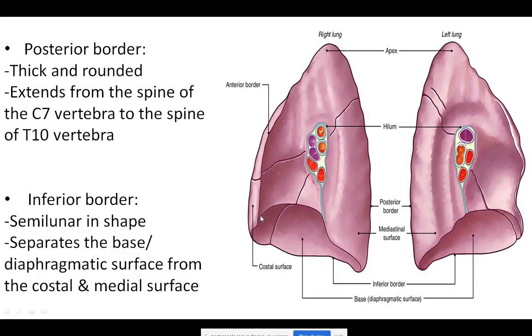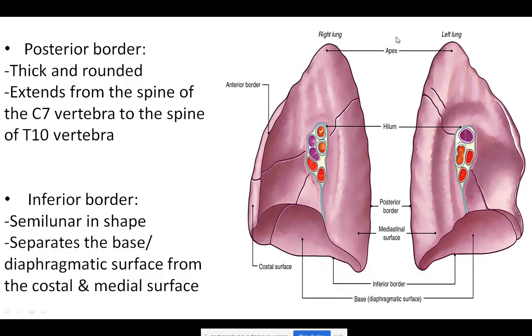Comparing with the anterior border of the lung, we see it is very sharp, right? Linear and sharp, whereas the posterior border is blunt. It is not prominent, okay? It is thick and rounded. It extends from the spine of the C7 vertebra to the spine of the T10 vertebra.